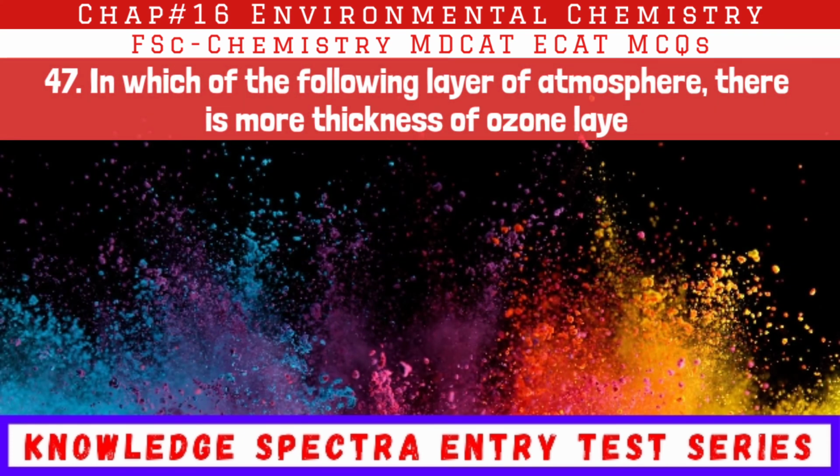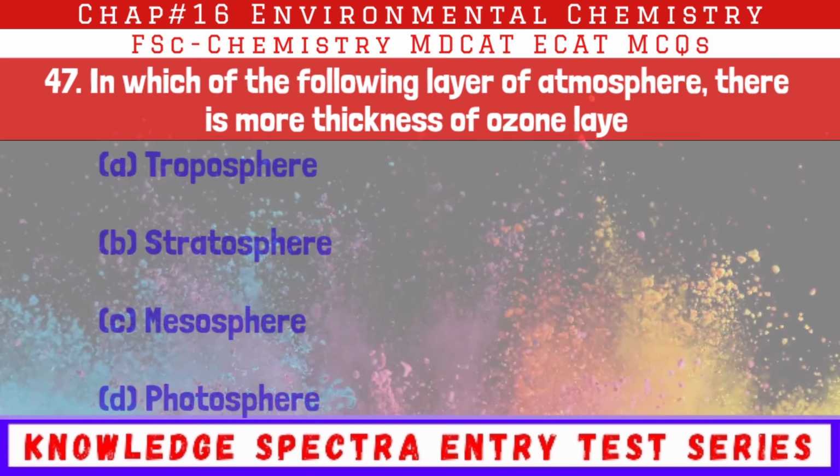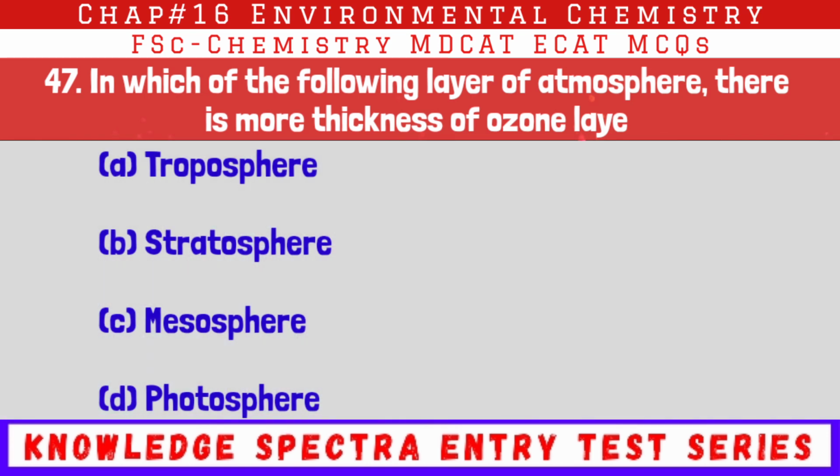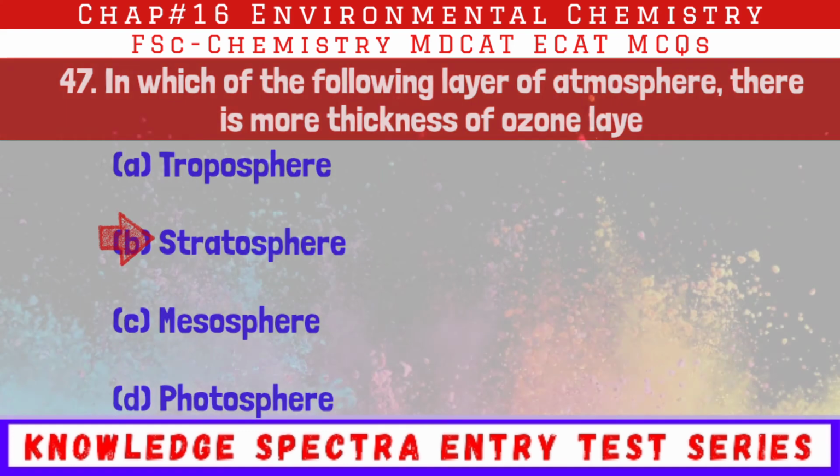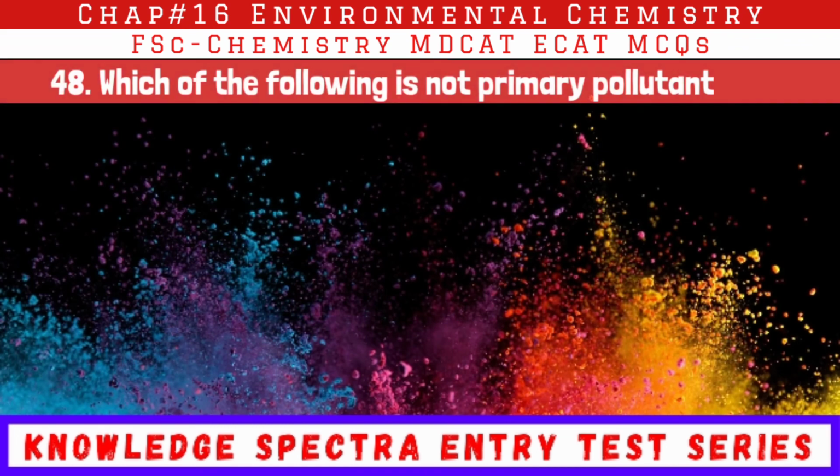47. In which of the following layer of atmosphere is there more thickness of ozone layer? A. Troposphere, B. Stratosphere, C. Mesosphere, D. Photosphere. Correct answer is B. Stratosphere. 48. Which of the following is not primary pollutant?